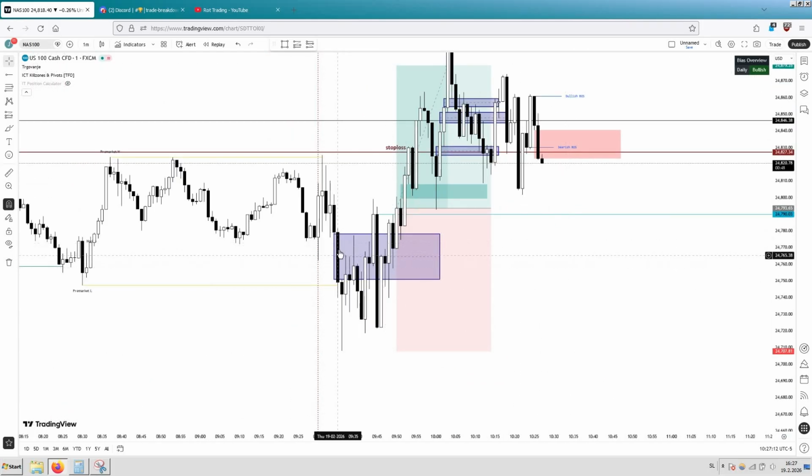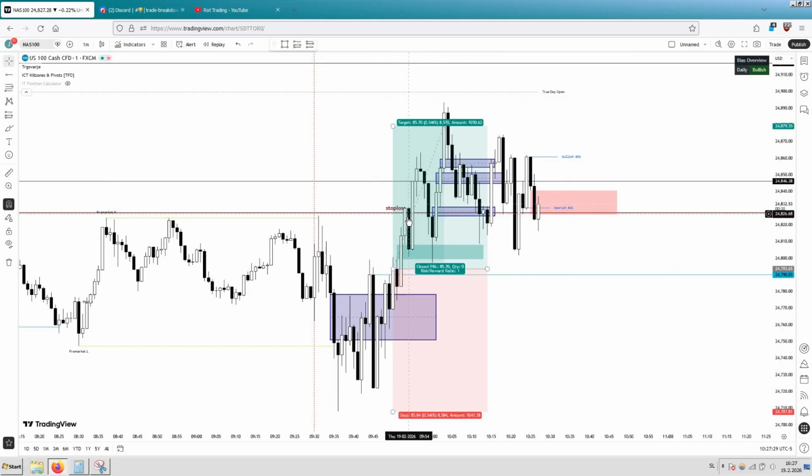We inversed this fair value gap right now here with this big white candle. And then what happened? At the same time, you can see this blue line. We broke structure to the upside, and this is where I spammed my long.